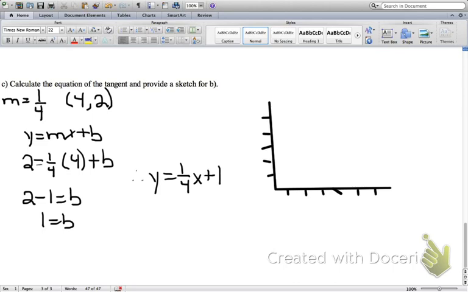Now what we're going to do beside here is we need to sketch our graph. So our graph here, if we're looking at our values just in the positive, if our x value is 0, y would therefore be equal to, if we sub in for 0 there into our equation, 1.